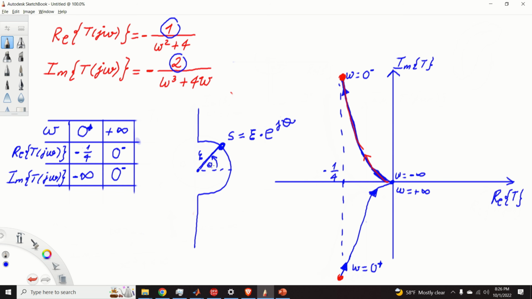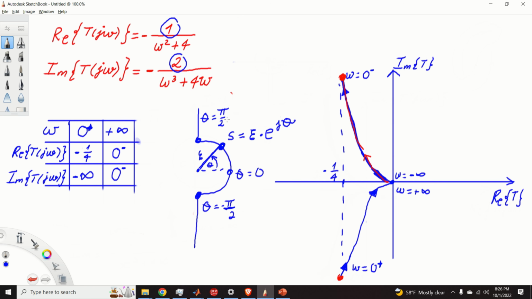So when we start from here, theta is minus pi over 2. Over here, theta is 0. And over here, theta is pi over 2.